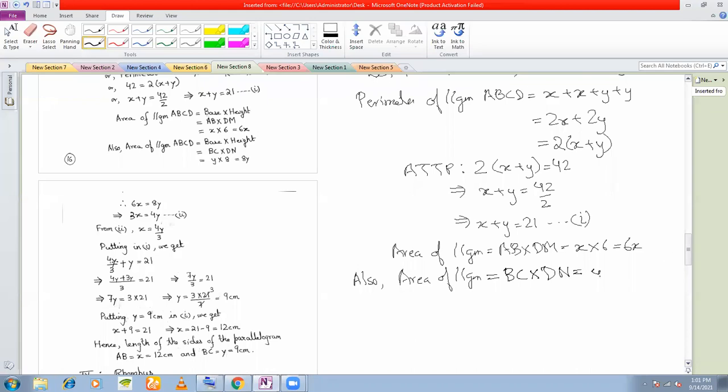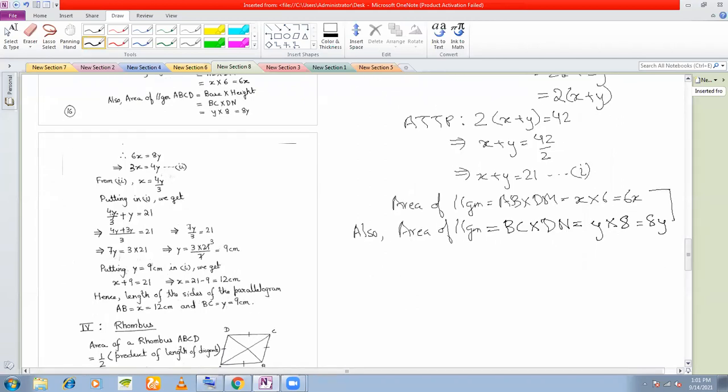What is the length of BC? y. And what is the length of DN? 8. That means you're getting 8y. So in both the cases, it is the area of the same parallelogram. So therefore, 6x must be equal to 8y.